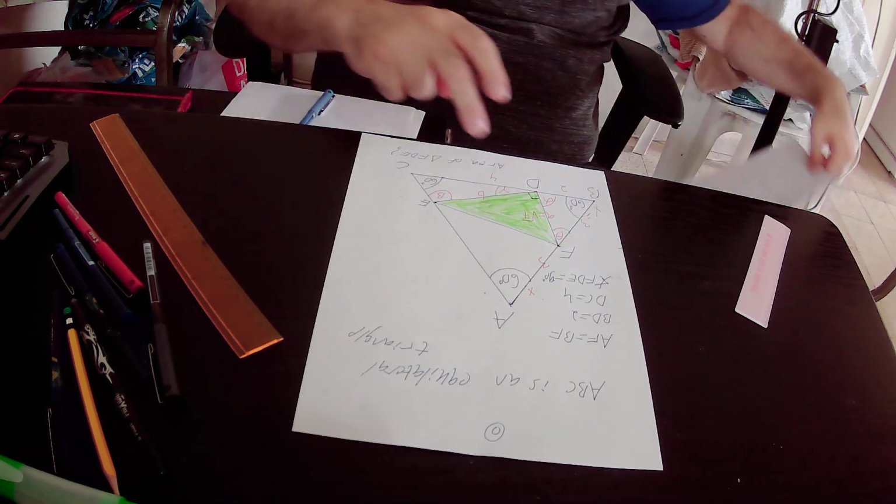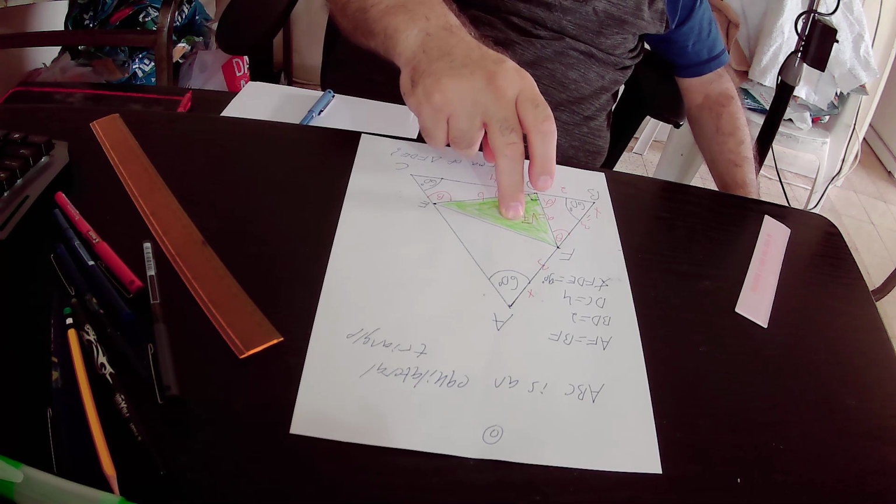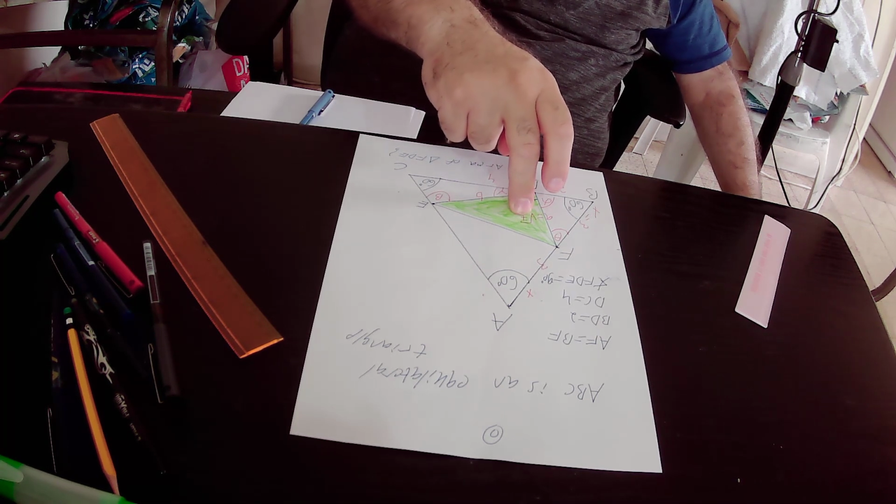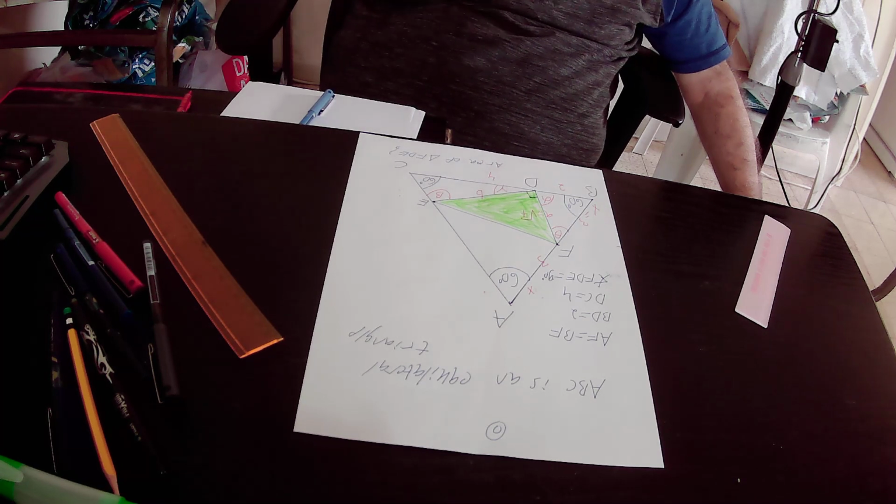Again, the area of the green triangle FDE, this green triangle, equals 4.85 square units.